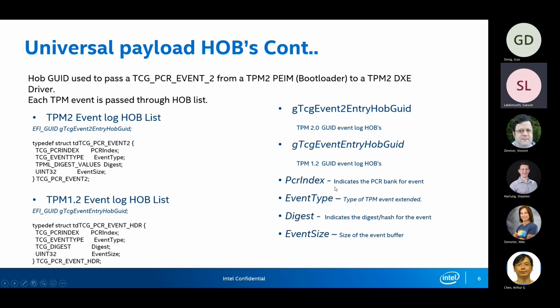The PCR index indicates which PCR it is going to, and the event type could be boot firmware or a config file. It is also as per the TCG spec, which the bootloader and payload have to implement.